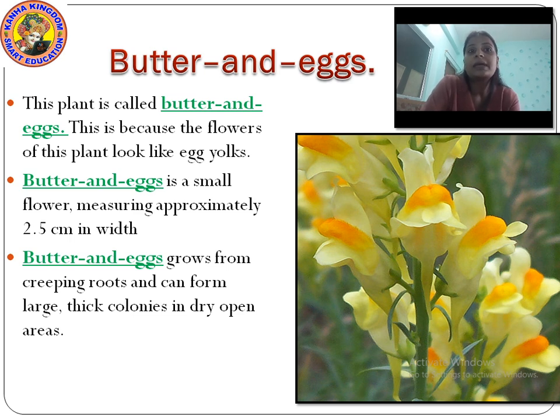The roots can form a large colony, and it can grow there in the dry open area.